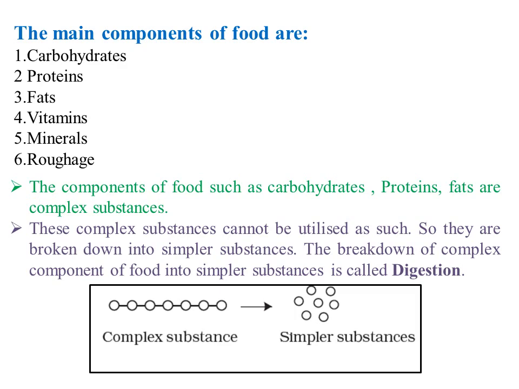This breakdown of the complex components of food into simpler substances is called digestion. You can see in the picture small structures interlinked in a chain. This is a complex substance, and when it is broken down, it becomes single structures, simpler substances.